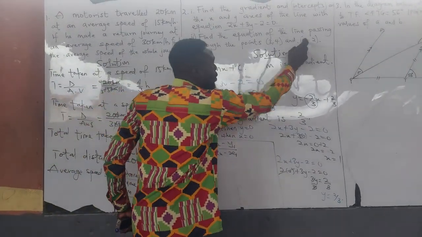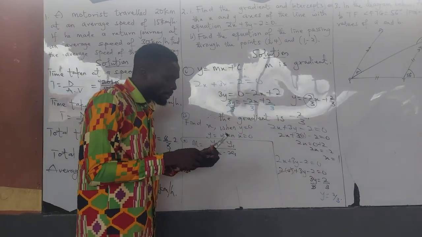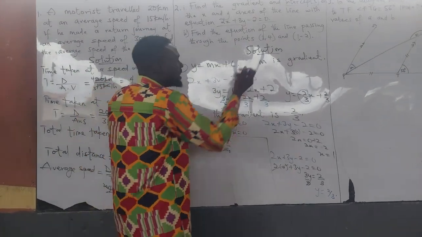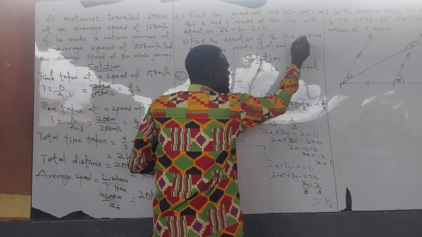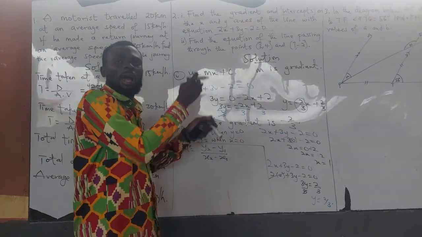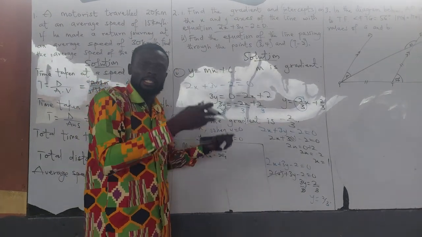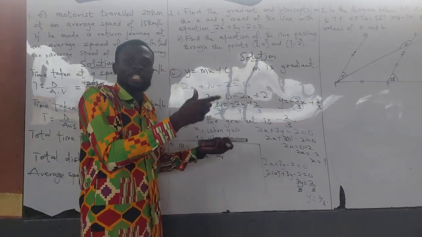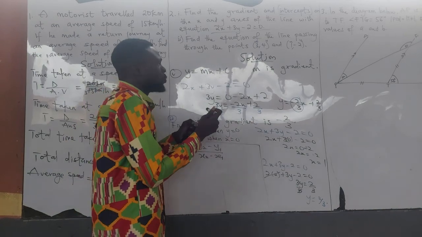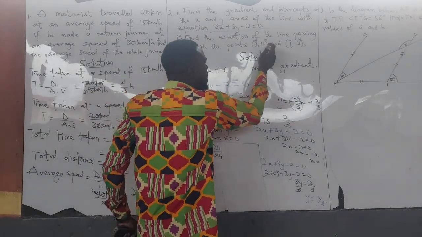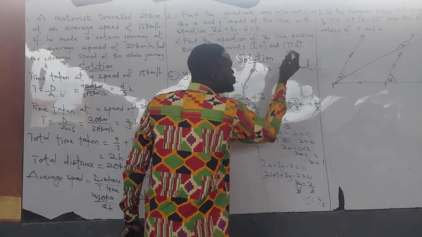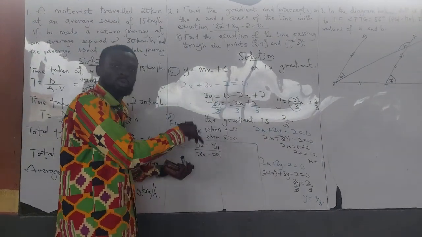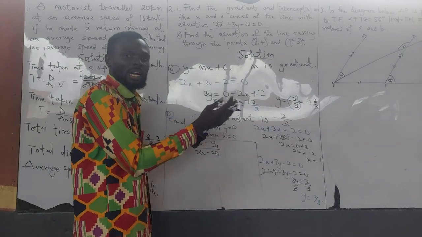They are all these points. Now, bear with me: this point, this is x, this is y. This point, this is x, this is y. So they are all x, y, x, y. But to differentiate between the two, we say let this one be x1, y1, and let this one be x2, y2. So that is where the x2, y2, and the other one came from.